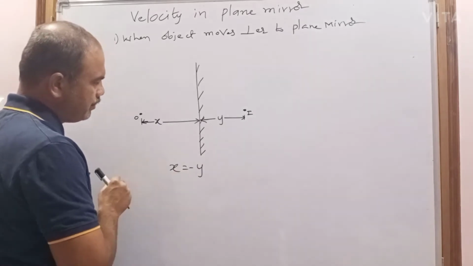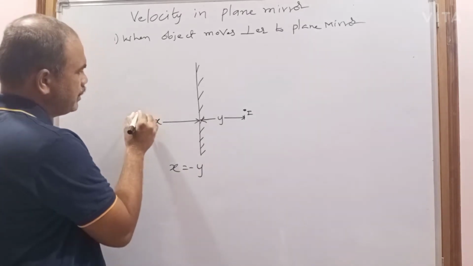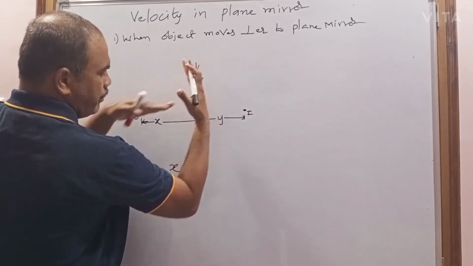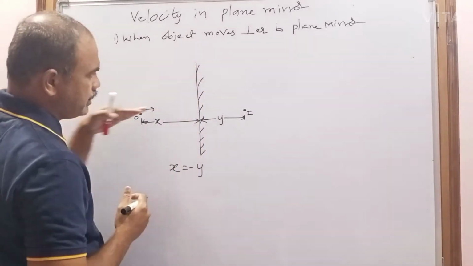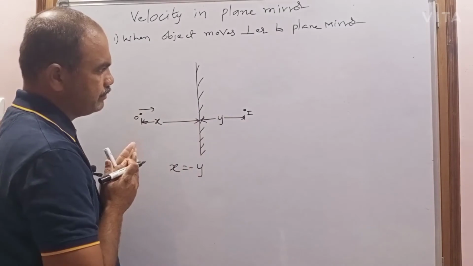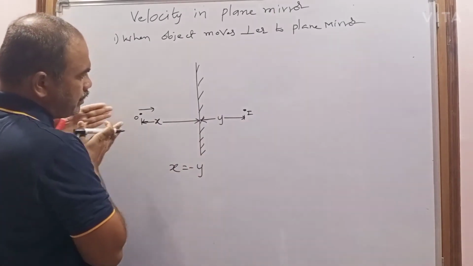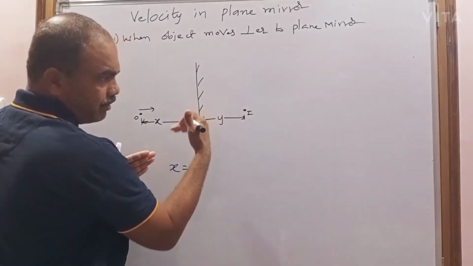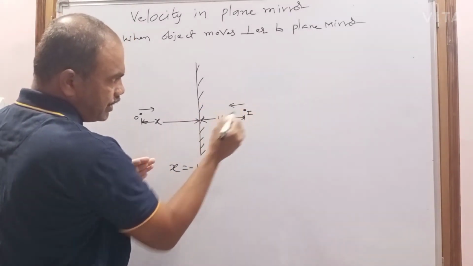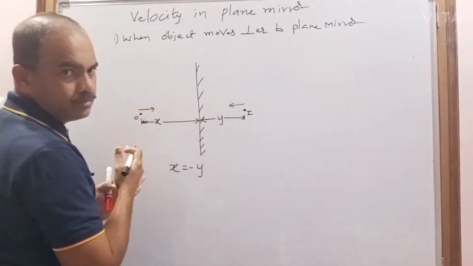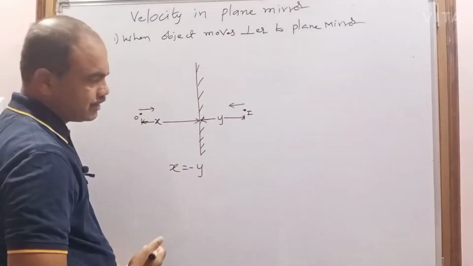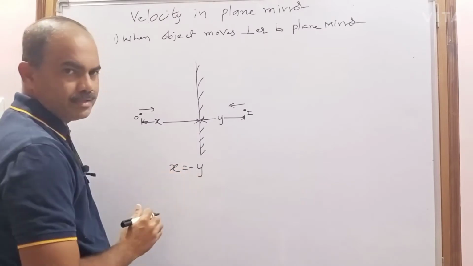When the object is moving perpendicular to the mirror, in which direction is it moving? Positive direction. When the object approaches the mirror, the image also approaches the mirror, but in which direction does it move? In this direction, it is moving in the negative direction, along the negative x-axis. So that's why I am taking minus y.